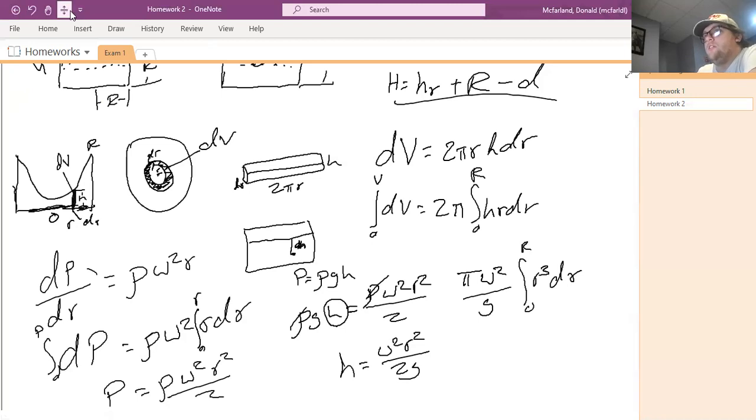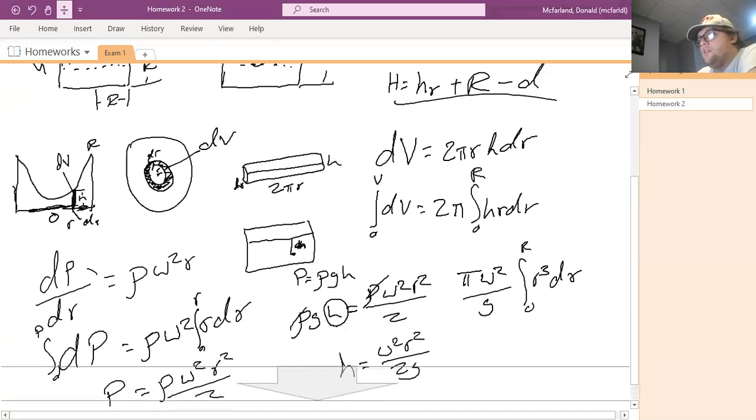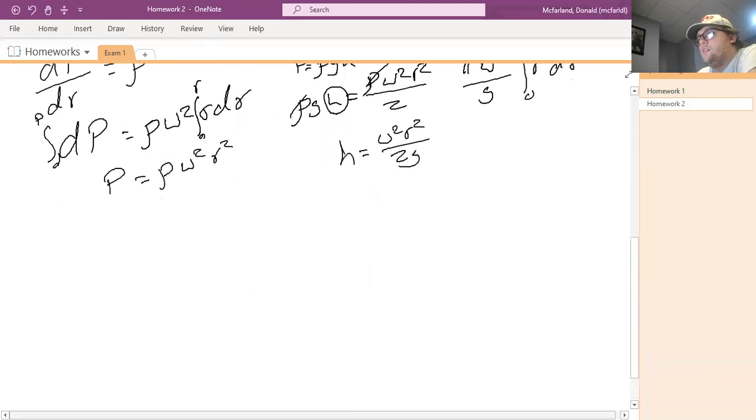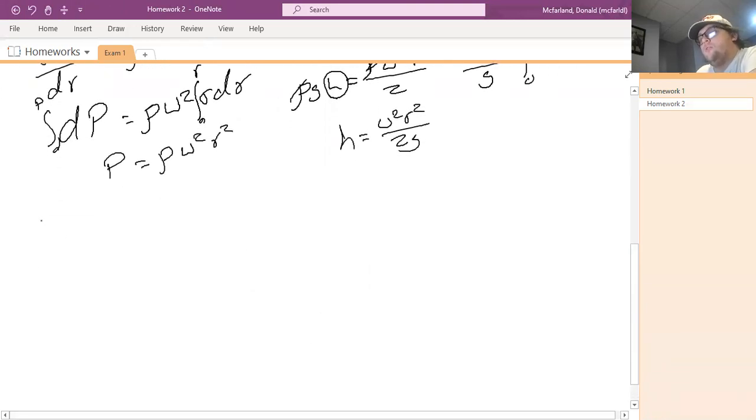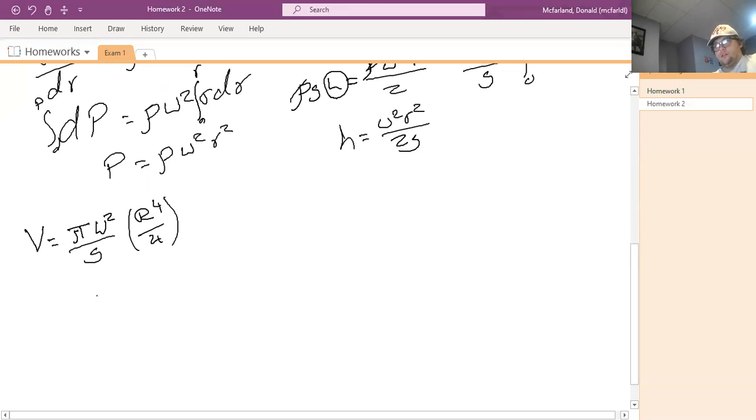Let me go ahead and get some more space down here. So our volume is going to equal pi omega squared over gravity times r to the 4th over 4. Now we go back to our original equation for volume.